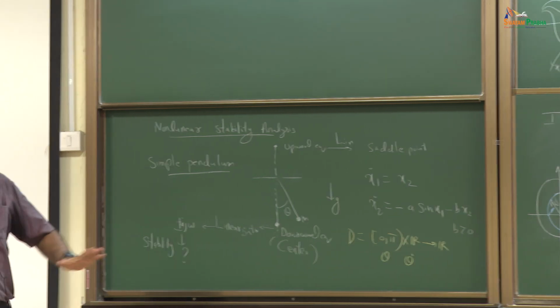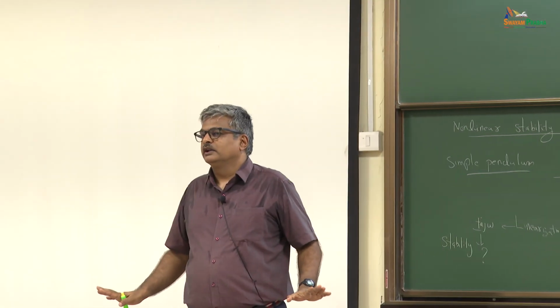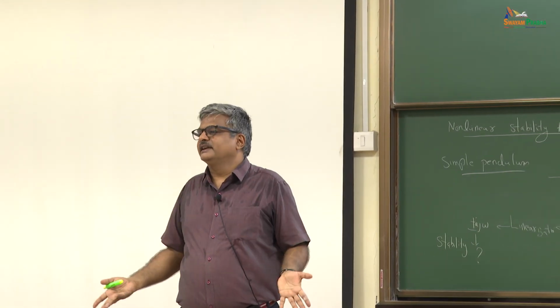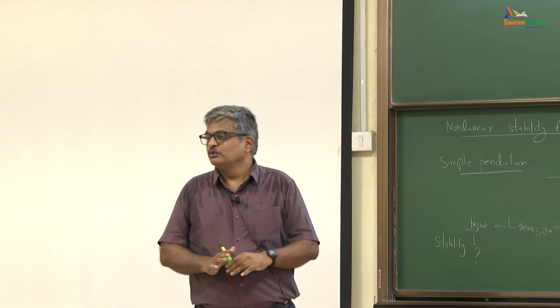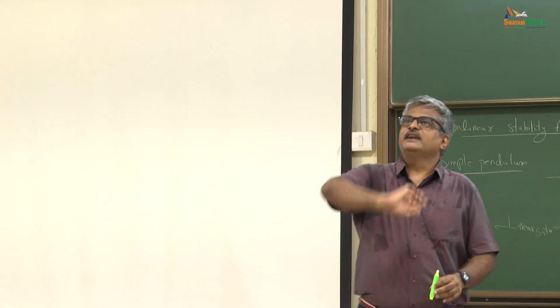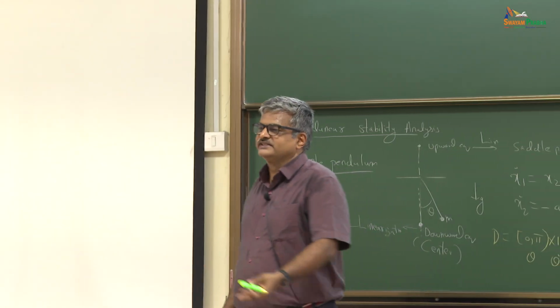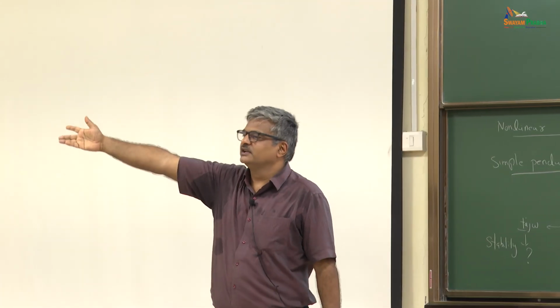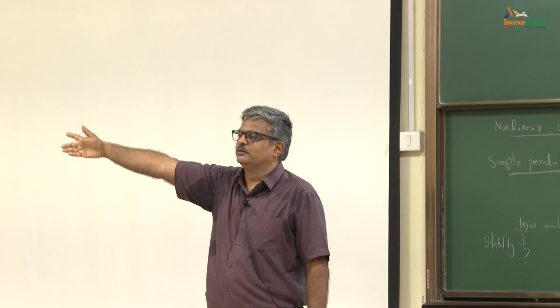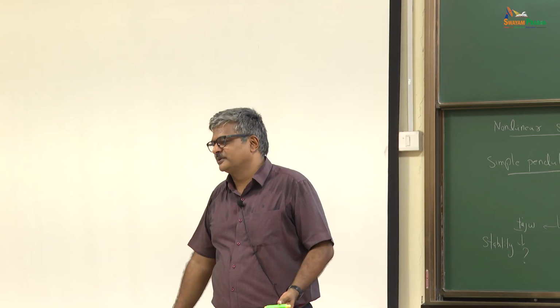Whenever you have multiple equilibrium points, it fails the necessary conditions for global asymptotic stability. Global asymptotic stability says what? You start anywhere, you will go to the desired equilibrium point. But what if I have another equilibrium point and my initial condition corresponds to sitting on that equilibrium point? There is no way I can escape out of it, right?